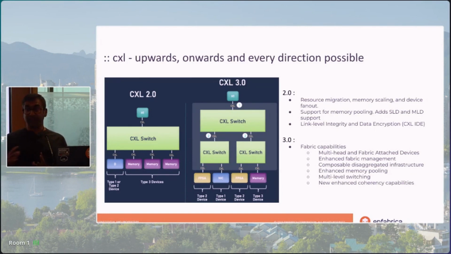But 3.0 is the big jump. In 3.0, the idea is that you can now have a multi-headed coherency domain. You could have multiple computers that share multiple resources, or pieces of a resource, in a coherent way. And every time you touch one of these devices, you can get a coherency back invalidate, and everybody will sync up. This sounds great in theory.